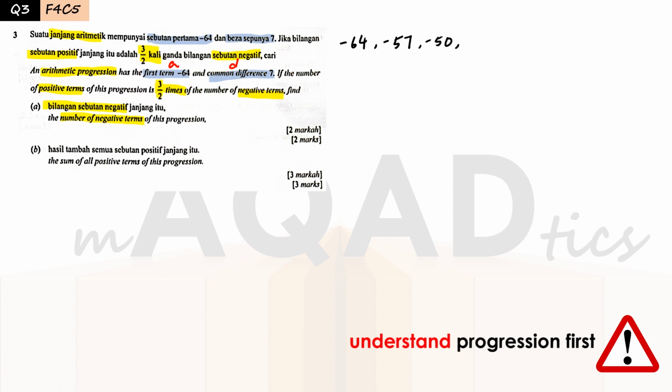It will reach a certain point where it goes from negative numbers to positive numbers. For example, here, we will reach -1 if we keep on adding 7, but once we add another 7, it will jump to a positive value. For part A, we just need to find how many terms are negative, so from -64 until -1.